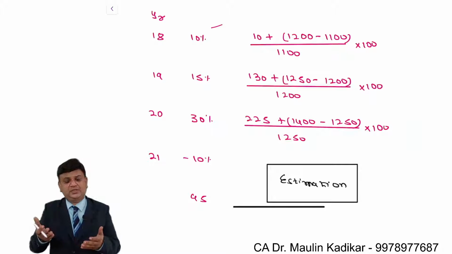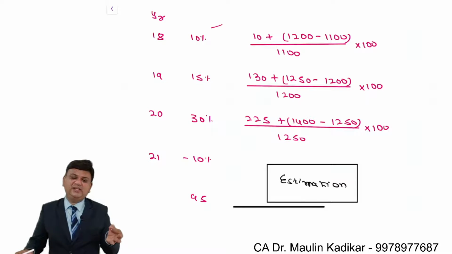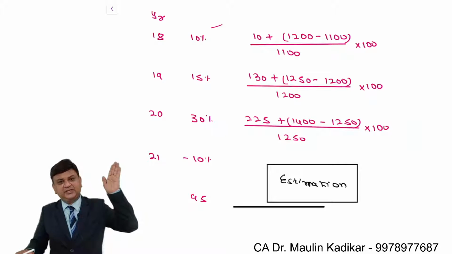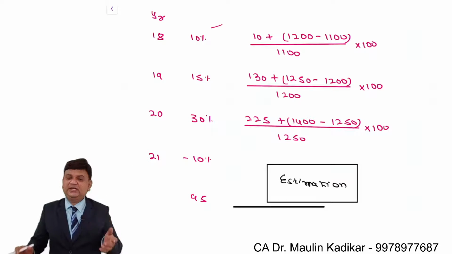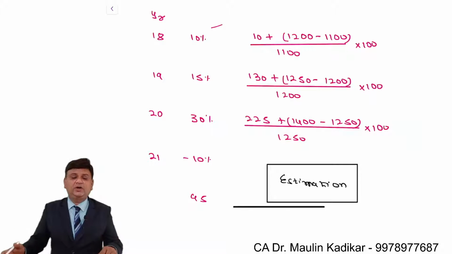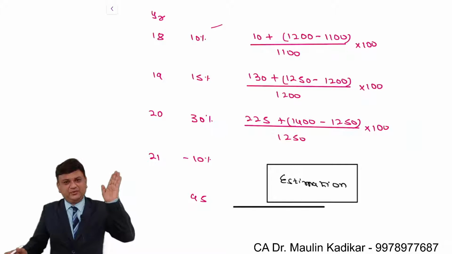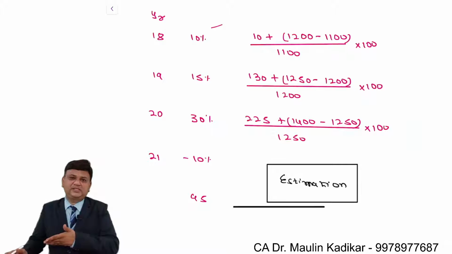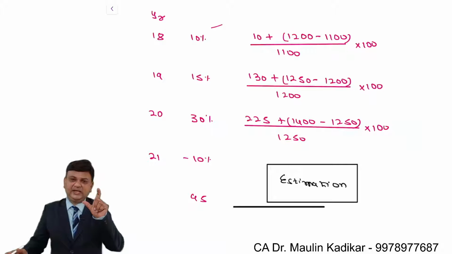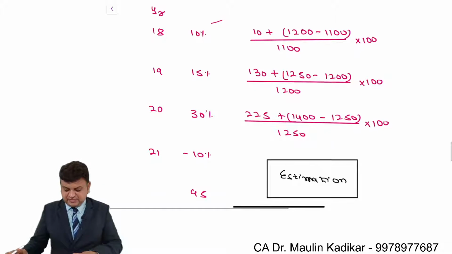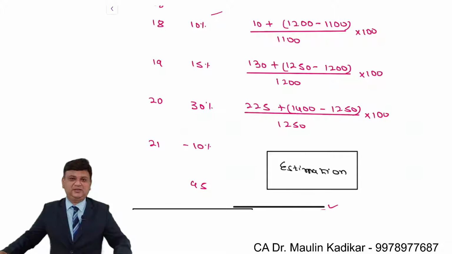Now taking 30 years of data for predicting the next year's return is foolishness, because whatever condition Infosys had 20 years ago is definitely not the condition of the next year. Whatever economic situation was there 20 years ago cannot be taken for the next year. So taking some number of years of the past, we should make the prediction of the future return. So there is an element of subjectivity involved over there.